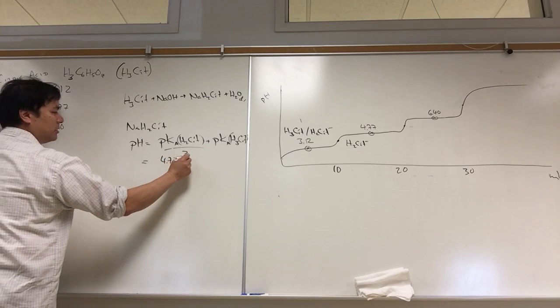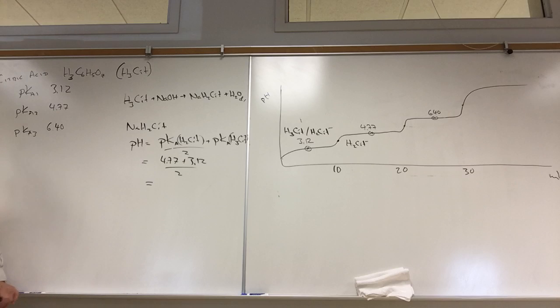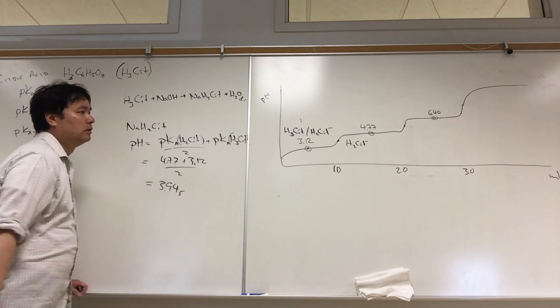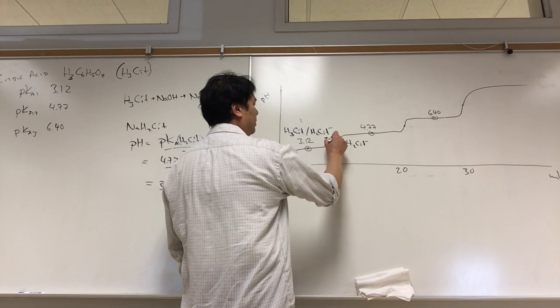The pKa of its conjugate acid is 3.12, divided by 2, which gives us what? Yeah, 3.945. So about 3.95. So we'll just put the 3.95 in.